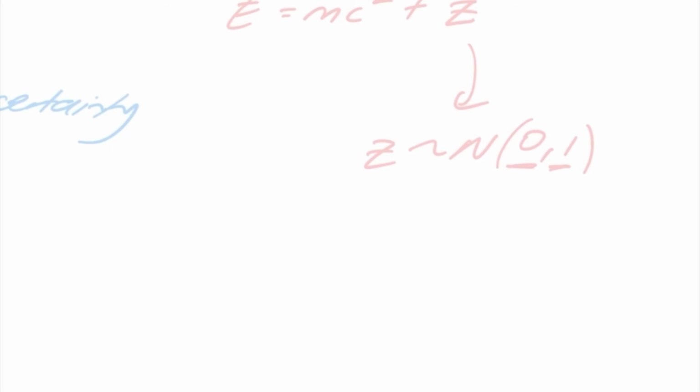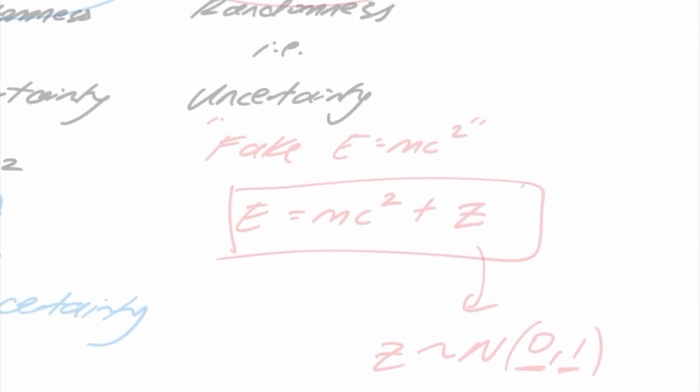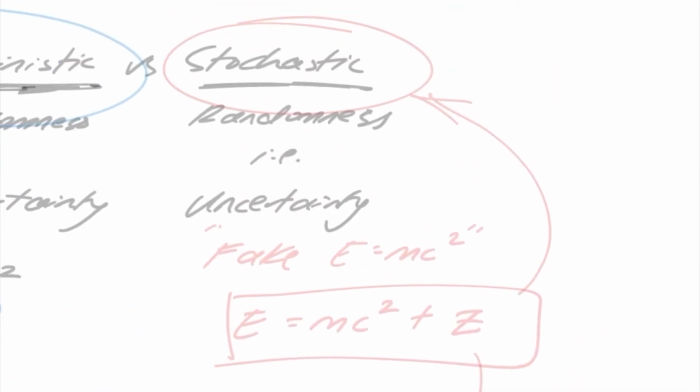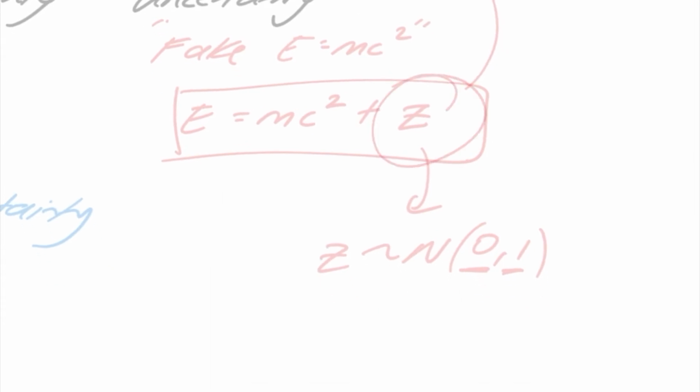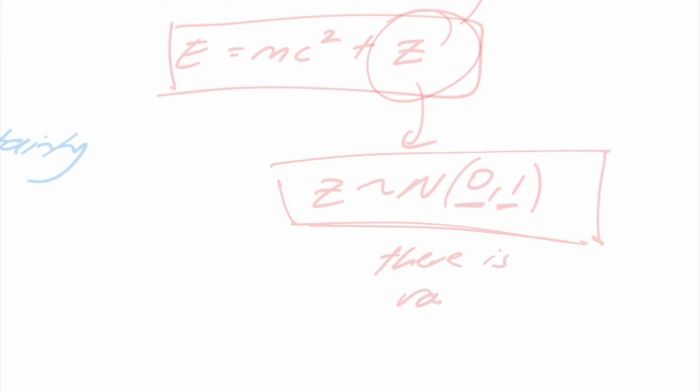Okay, now the reason this is stochastic is because we have the presence of this Z. Because Z is normally distributed with mean 0 and standard deviation 1, there is, shall we say, inherent randomness.